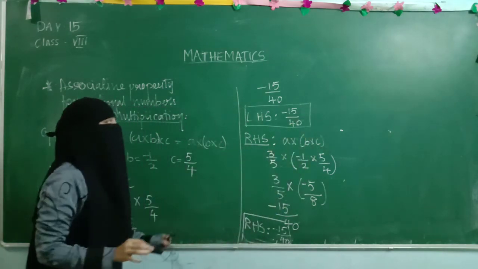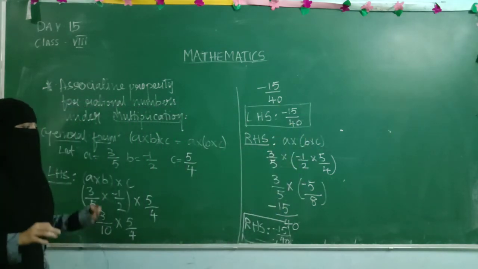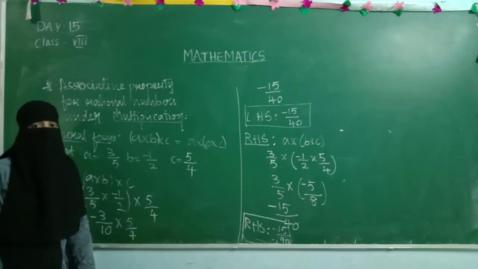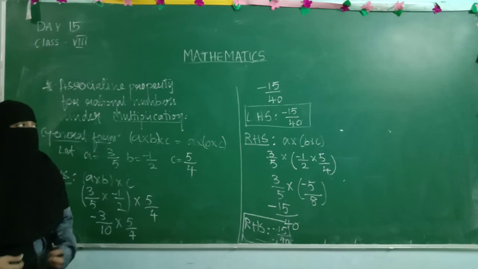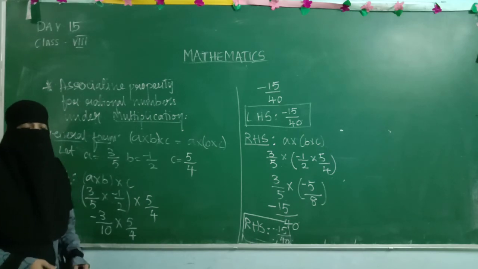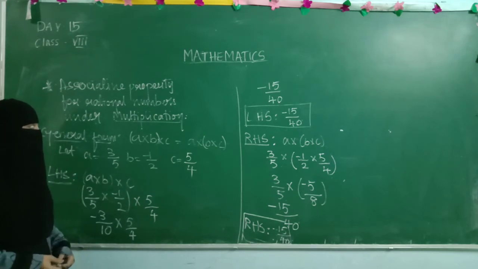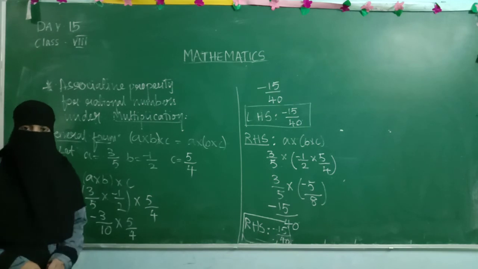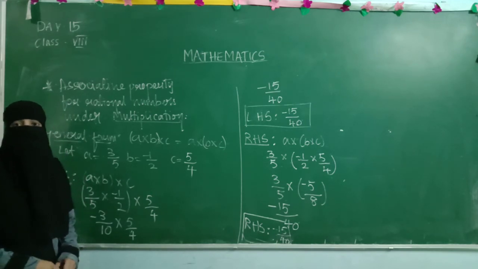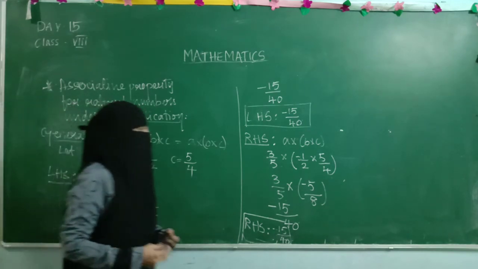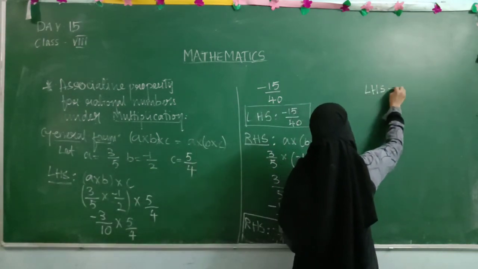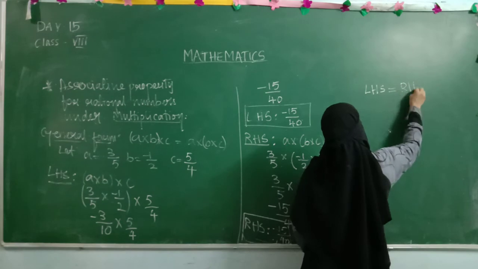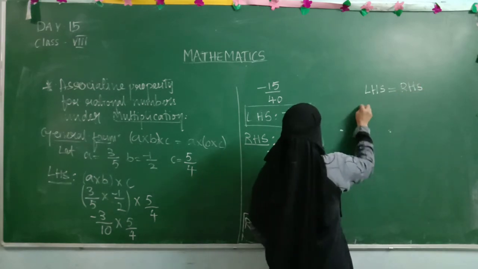Here clearly we observe that LHS and RHS both are equal. So what do we have to do? Write the final statement exactly. LHS equals RHS.